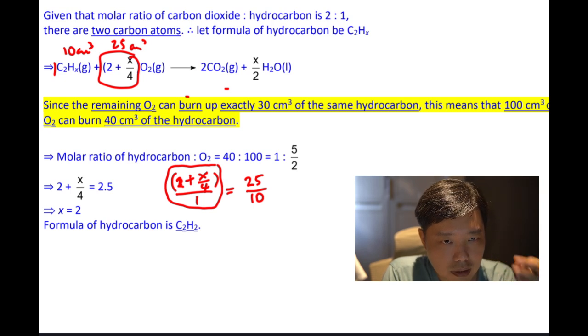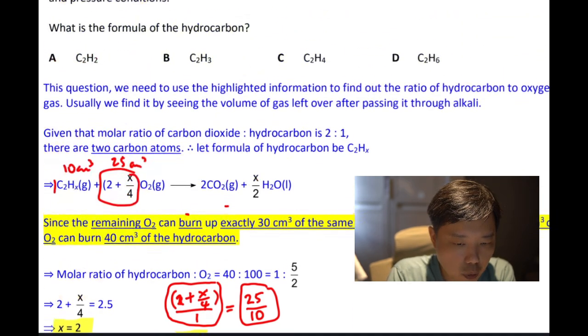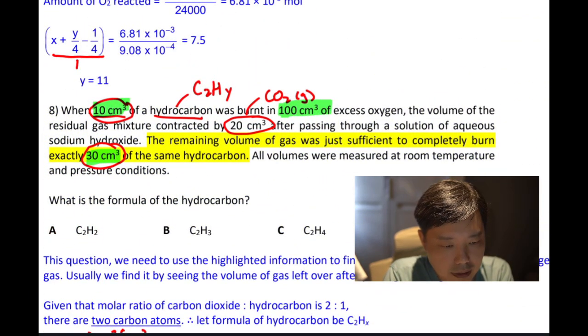Because 30 cm³ will require 75, since we know the mole ratio hydrocarbon to oxygen is 2.5 times. So this 25 over 10 is the actual volume ratio. Basically we just need to solve for Y, and the formula is actually C2H2.